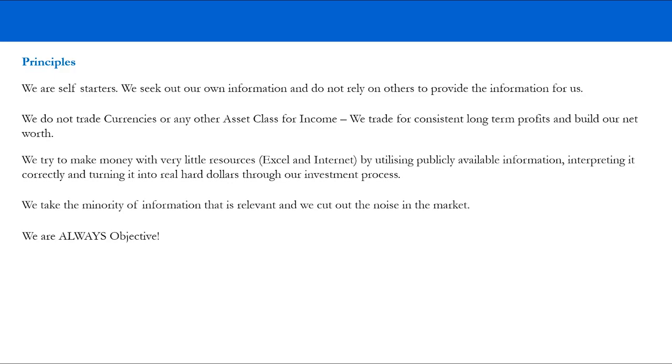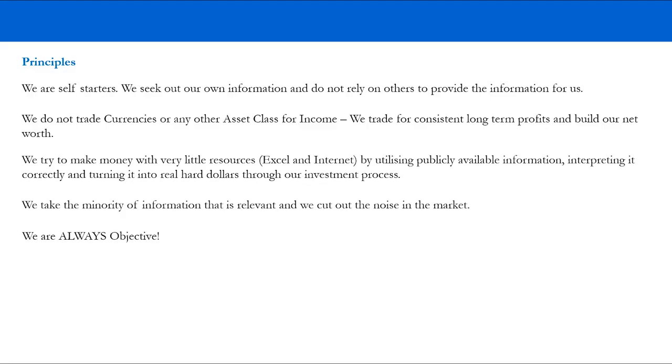We don't look to trade our money in the currency markets, try to make quick money on a daily or weekly basis, and then take that money out of our accounts to pay our rent, mortgage, or our car financing deal. We build our net worth, and we keep our money in our trading accounts, and we use the financial markets to get wealthier and build our net worth. We don't rely on our trading accounts for income.